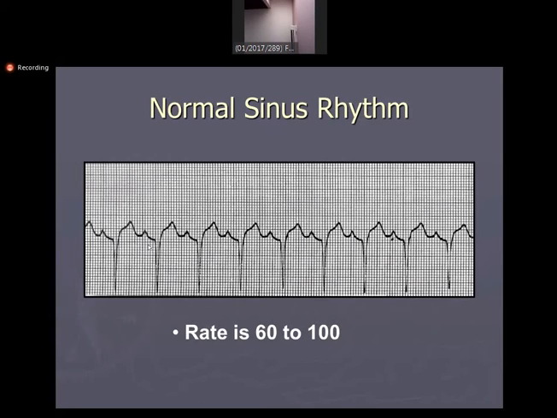For example, one P wave followed by a QRS complex, then a T wave, then another P wave followed by another QRS complex, and the distance between two P waves or QRS complexes is equal. It is called the regular rhythm. Otherwise it is called irregular rhythm. So if the RR interval or PP interval is equidistant, it is called a regular interval.